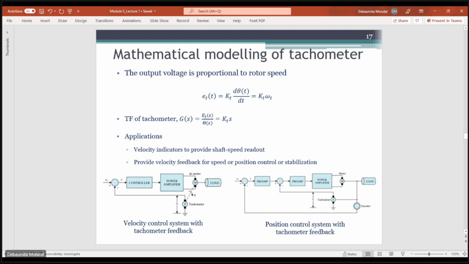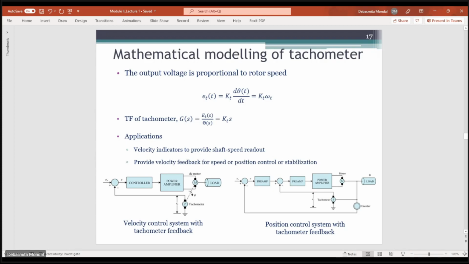Now let's see how you can model a tachometer. Irrespective of whether you are dealing with a DC tachometer generator or an AC tachometer generator, the basic principle and characteristics remain the same: the output of the tachometer is proportional to the rotor speed. Let's say ET is the output voltage.